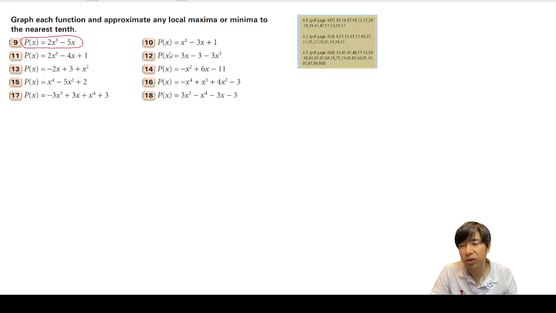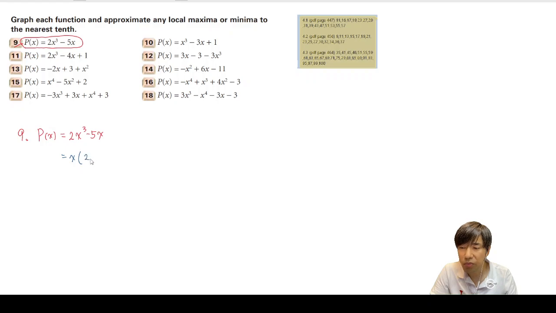Or you can roughly sketch the graph by finding x-intercepts and y-intercepts. So let me do that because this is kind of easy to factor. For 9, p(x) is this. I'm going to factor out x because it's a common factor.